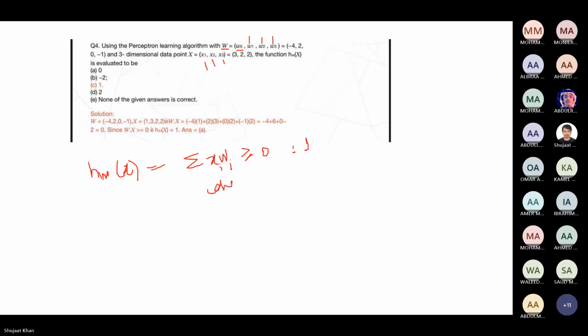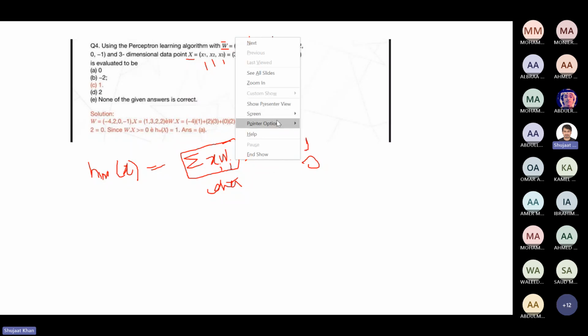Otherwise it just gives you 0, which means we have to calculate this weighted sum of x and w. Obviously we have 4 values in weight and 3 values in x. This could confuse. So this bias term is always multiplied with 1.